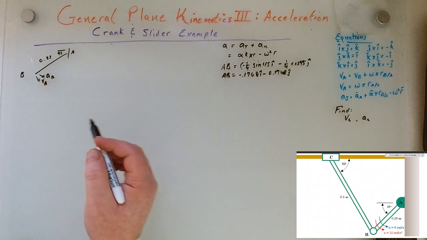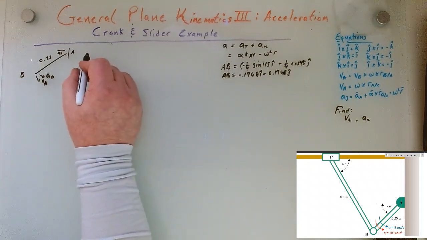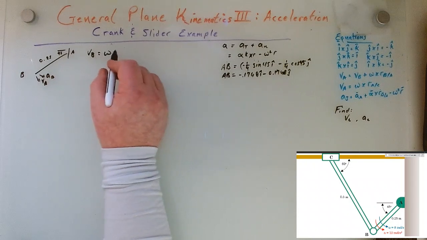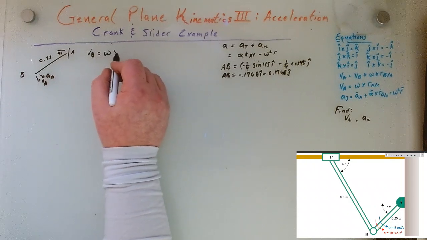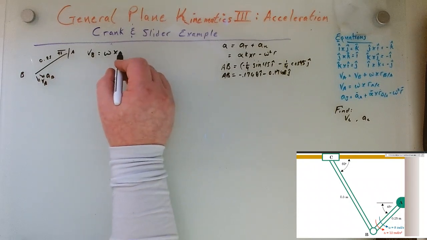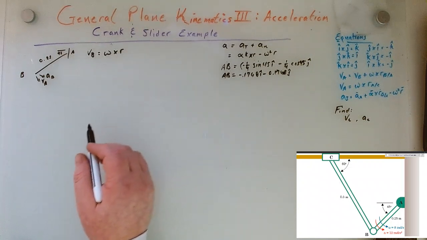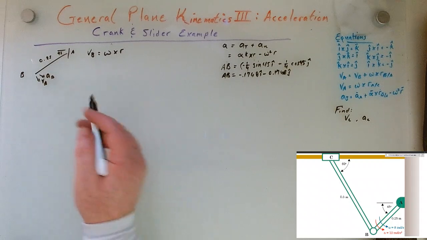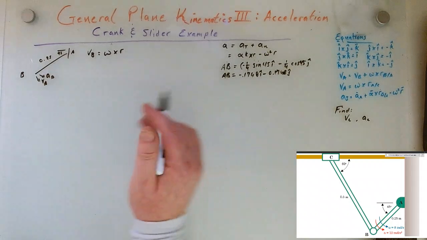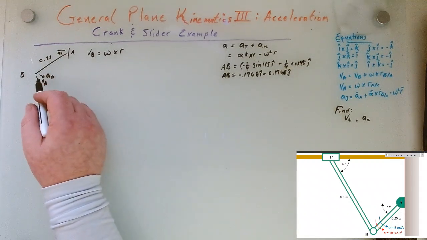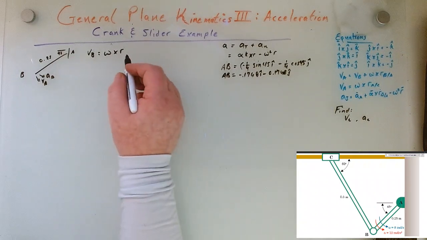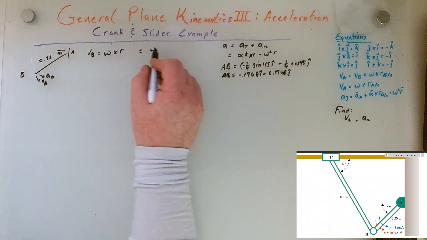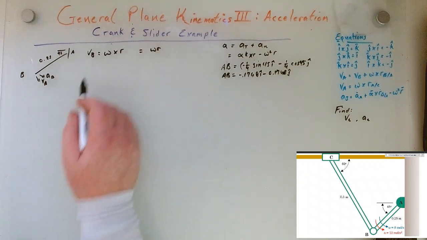Awesome. And let's see, so VB is equal to omega cross r, and we can get there in two ways, and we'll do both. We can do the component method or just the absolute value of it. This is also omega R, so this is scalar, this is vector.